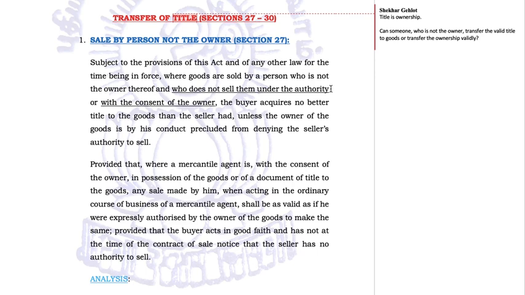The buyer acquires no better title to the goods than the seller had, unless the owner of the goods is by his conduct precluded from denying the seller's authority. Unless the owner is so precluded by his conduct, the buyer will not get a good title.